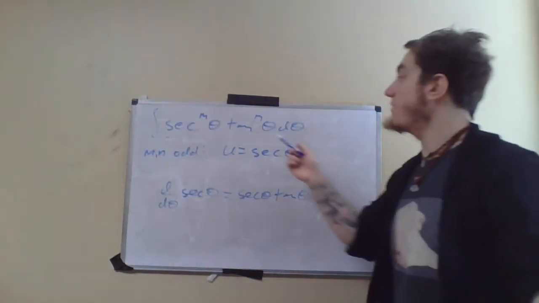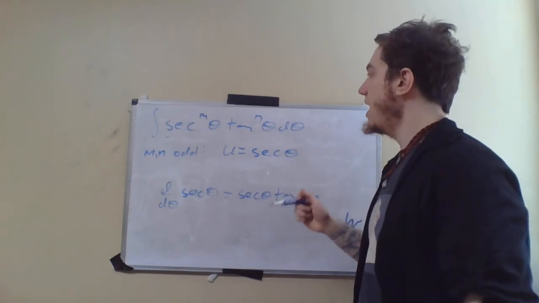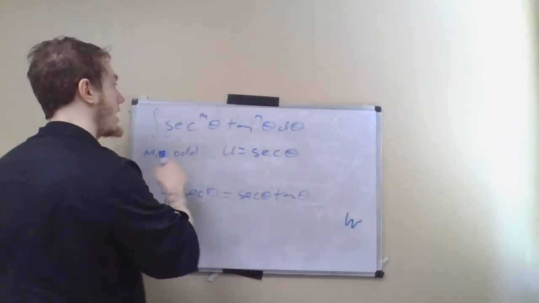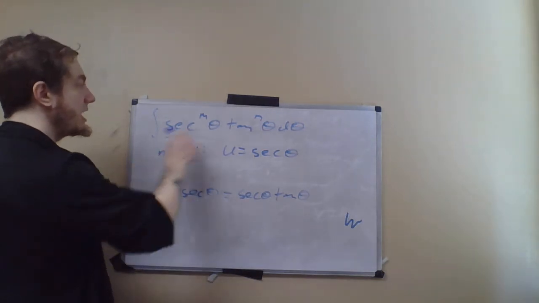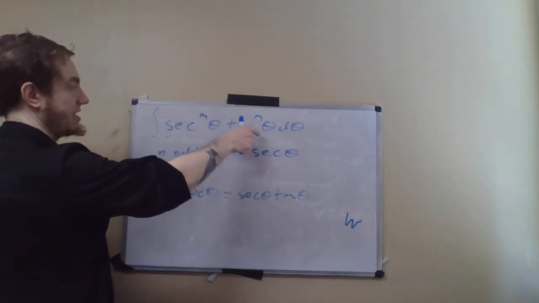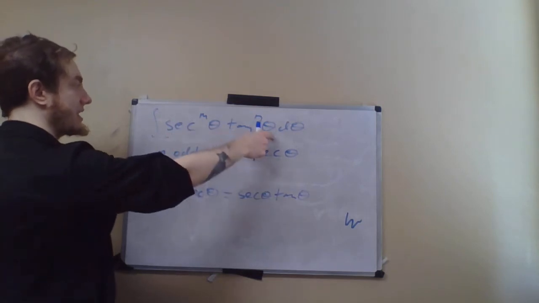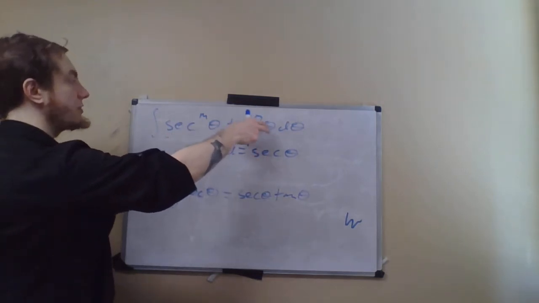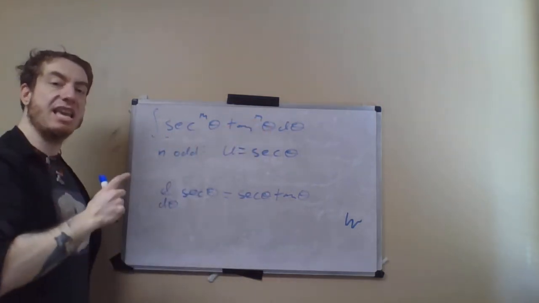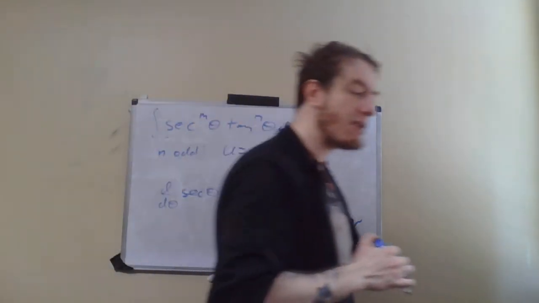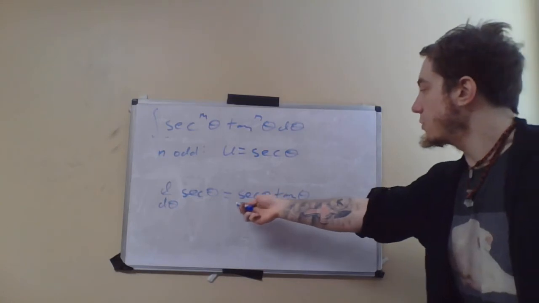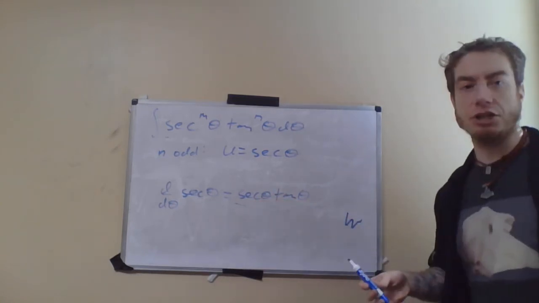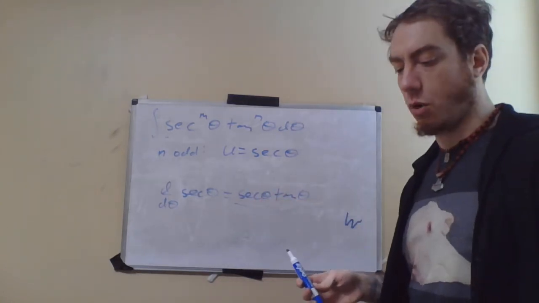Actually, this will work not just with m and n odd, this will work with n odd in general. I can do this because then I peel off a tangent theta and one of the secant thetas. I rewrite all of the remaining tangents in terms of secants using the Pythagorean identity, and then I use this substitution. There will be a secant theta tangent theta left over for me to work with.